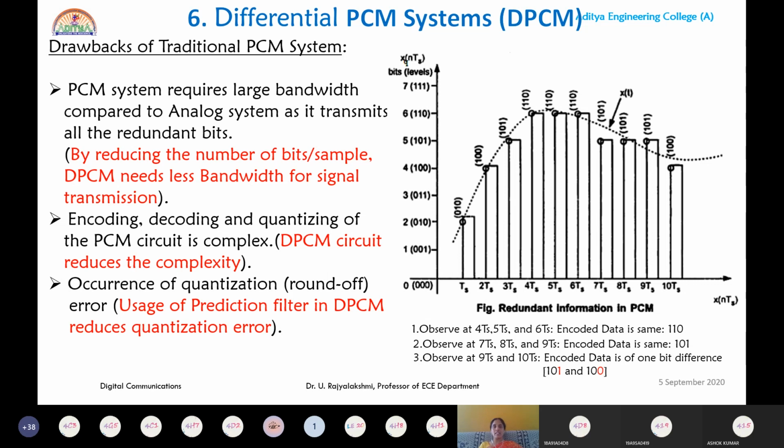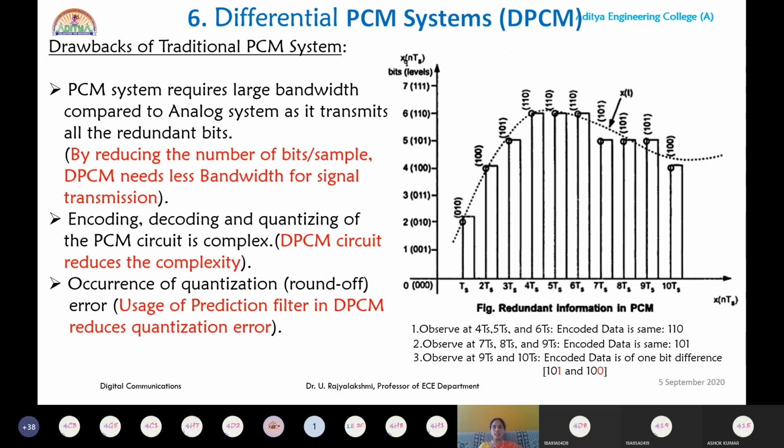If you observe the y-axis, you can identify that it is 3-bit data. So how many amplitude levels should there be? 2 power 3, which means 8 amplitude levels that range from 0 to 7.